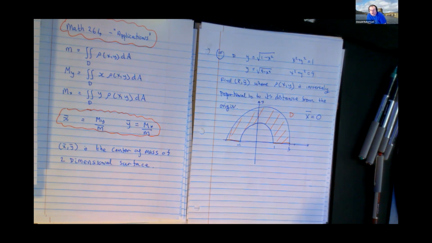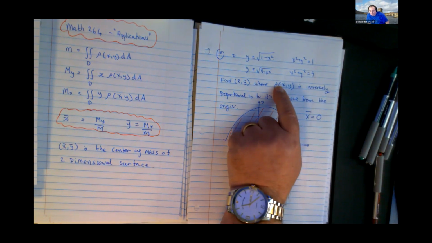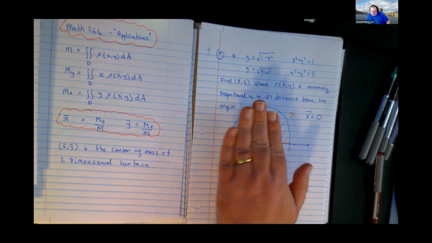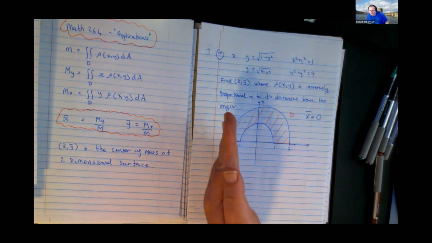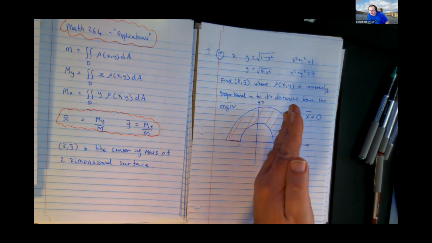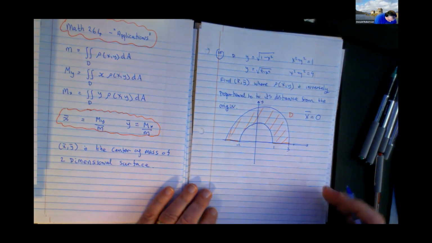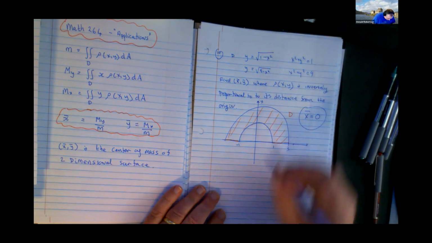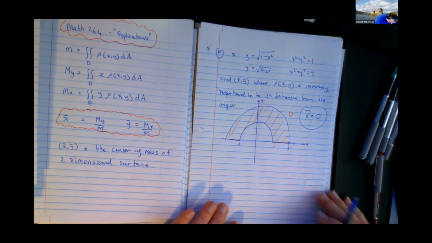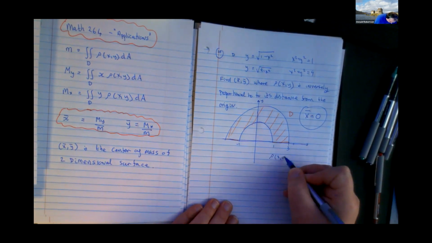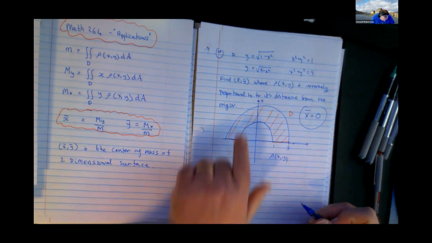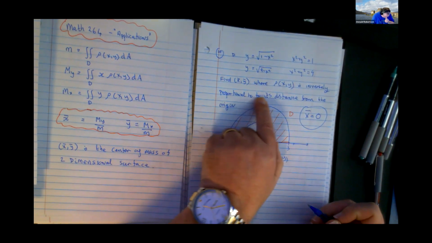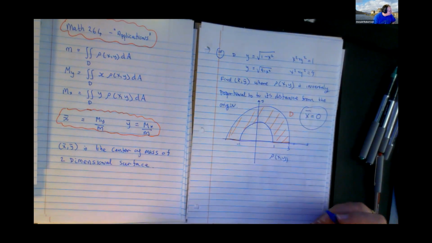Now, that doesn't always work, because if you make the density function heavier on the right and less heavy on the left, won't the center of mass move a little bit to the plus side of the axis? But I'm assuming that nothing nasty like that is happening. So that's a prediction. We shall see if I get lucky. Now, we have a density function here, which is inversely proportional to its distance.